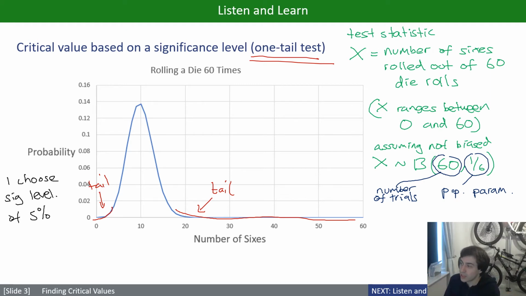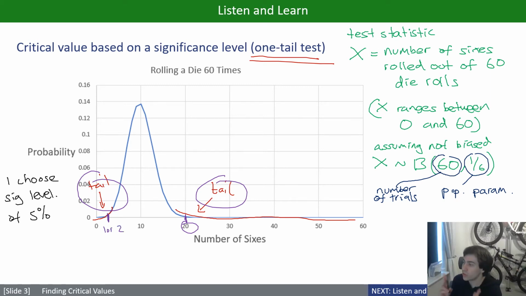If you're doing a one-tail test, it means you're only testing one of them, but your critical value will depend on which one you're testing. If I'm testing that tail, then my critical value will probably be something like 20. If I'm testing this tail, my critical value will probably be something like 1 or 2.